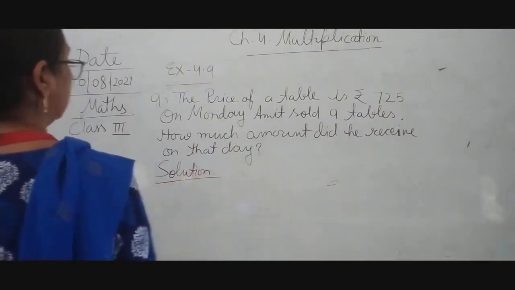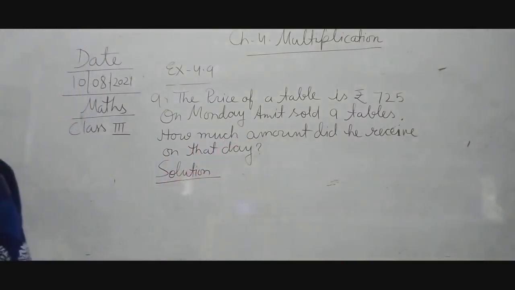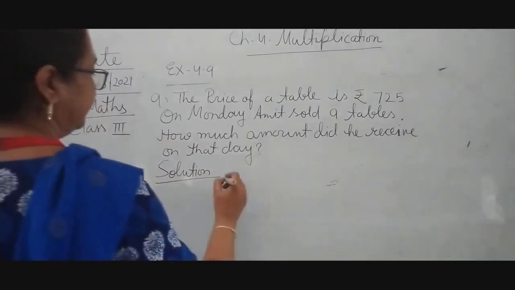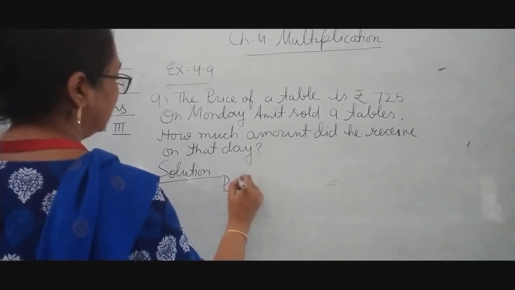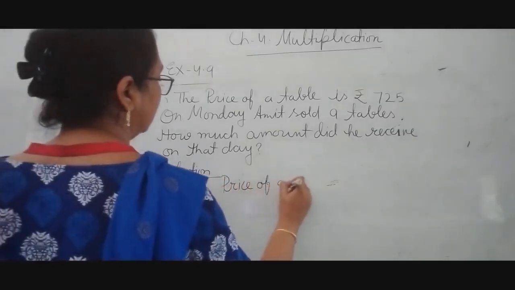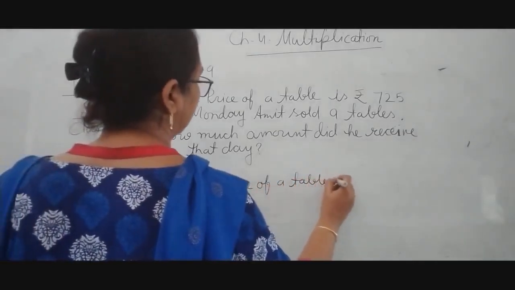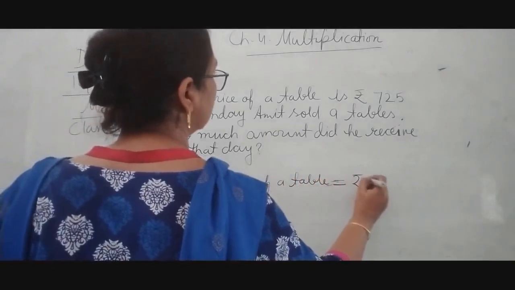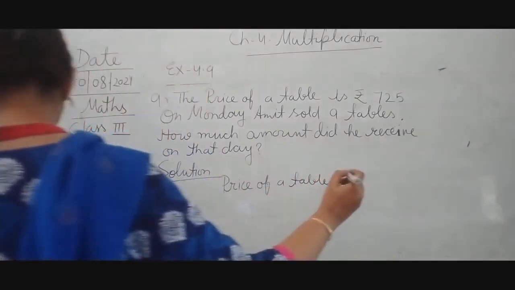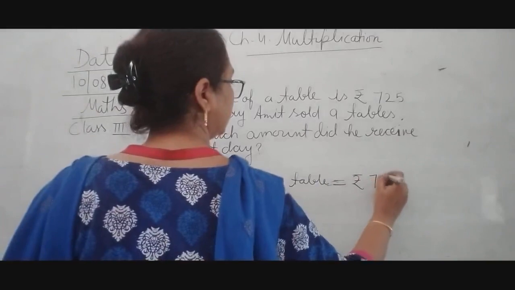Okay, solution: the price of a table is equal to rupees 725.